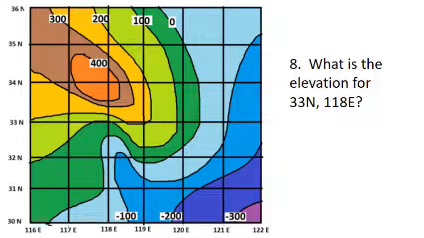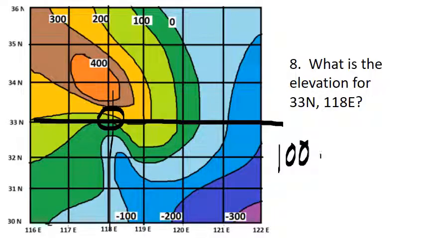What is the elevation for 33 north and 118 east? So let's go to 33 north, this line right here. 118 east is this line right here. So it looks like that point is in the light green area. So the question is, what could the elevation be? Well, anything light green is 100 to 200.